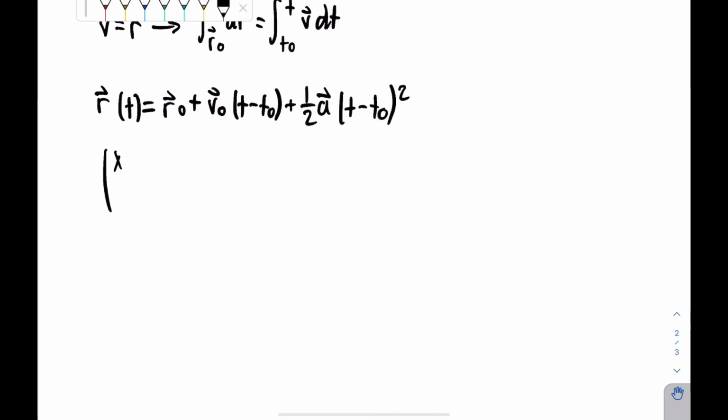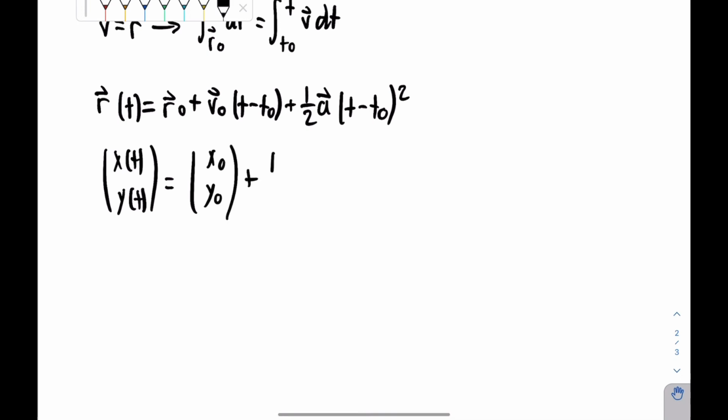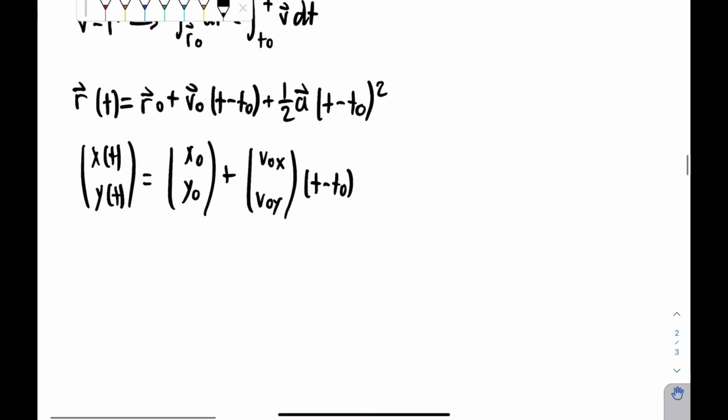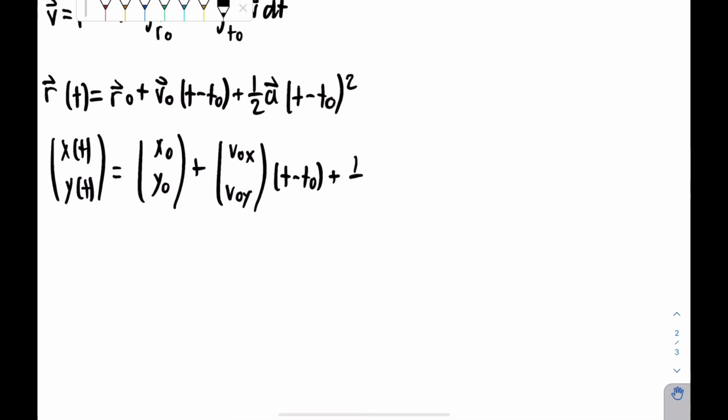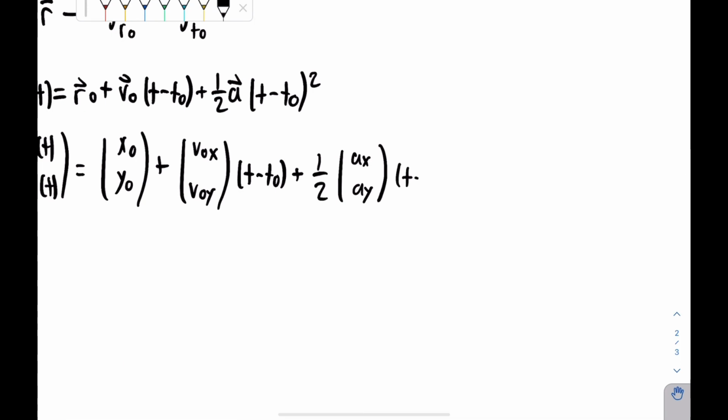Thus, we get x of t, y of t is equal to x naught, y naught plus v naught x, v naught y, t minus t naught plus 1/2 a x, a y, t minus t naught squared.